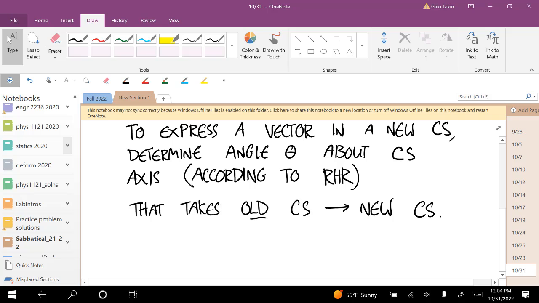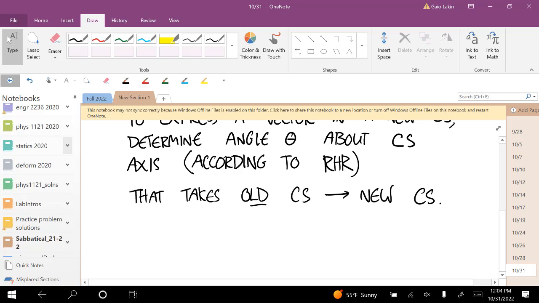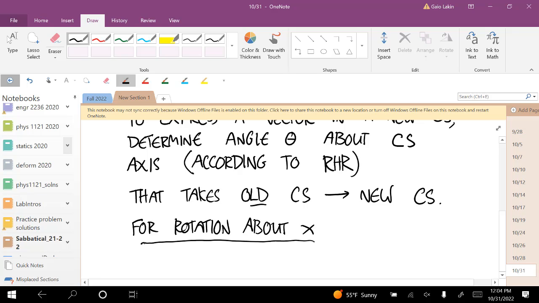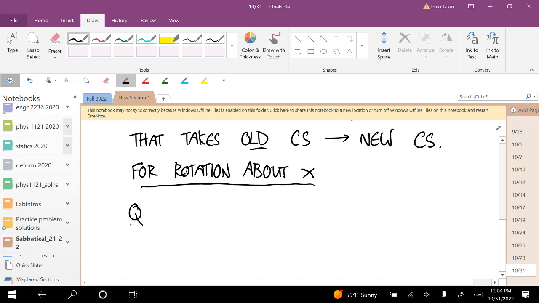Okay, so for example, I'll do the example in a second. And then for rotations about the x-axis, this rotation matrix, we'll call it Q, is 1, 0, 0 for the top row, 0, cosine of theta, sine of theta for the middle row, and then 0, negative sine of theta, cosine of theta.